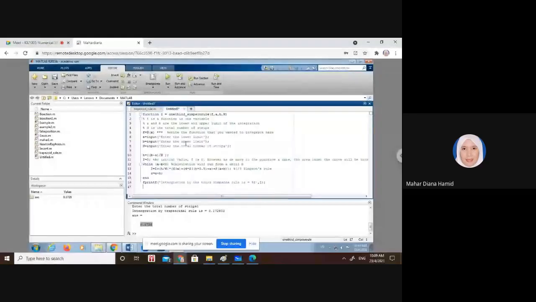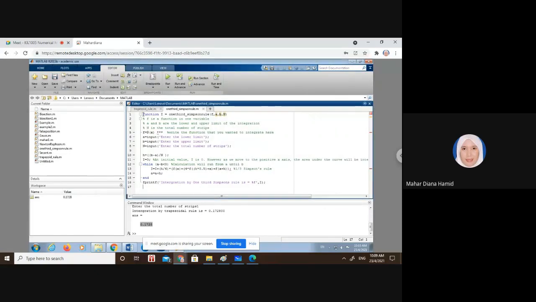I'm going to present the entire screen now. So this is a function for one-third Simpson's rule. This is a bit similar to the trapezoid rule. So I'm going to save this.